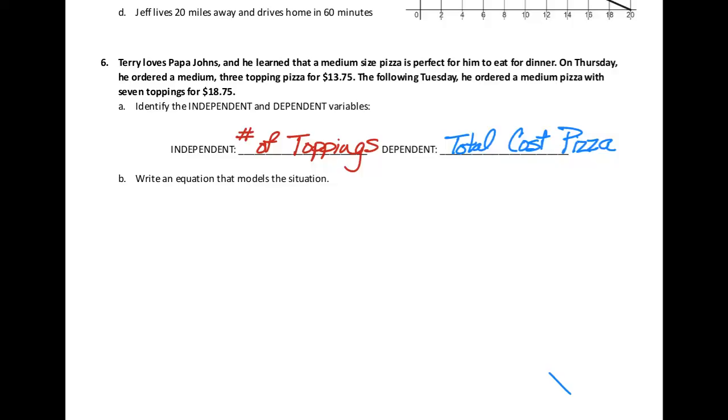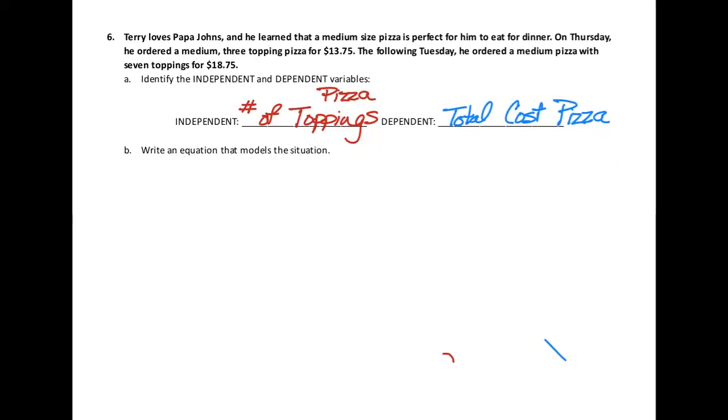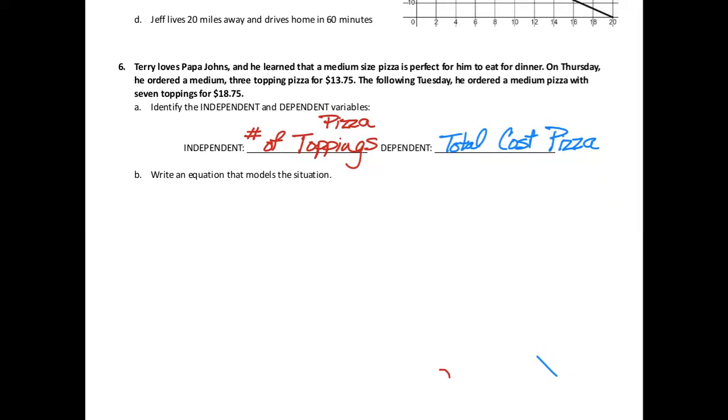Well, the number of toppings, it does not care about the cost of the pizza. Okay? It is independent. The number of pizza toppings will determine how much your total pizza is. Okay? So then we have to come up with an equation that models this situation.